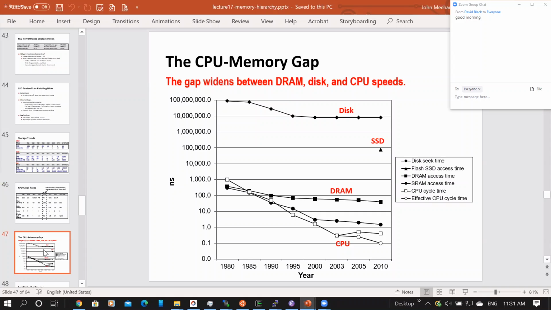But one thing that's going on here is that DRAM didn't get a whole lot faster. It only got faster by a factor of 9. So over time, even though we're getting the CPU speeds and the effective cycle times faster and faster, the gap between the CPU speed and the DRAM speed is actually getting bigger.